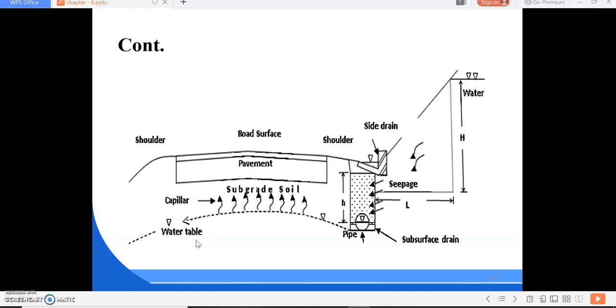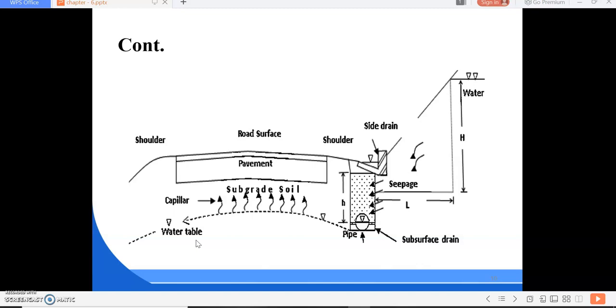Control of capillary rise: if the water reaching the subgrade due to capillary rise is likely to be harmful, it is possible to solve the problem by arresting the capillary rise instead of lowering the water table. The capillary rise may be checked by a capillary cutoff of either of the following two types.